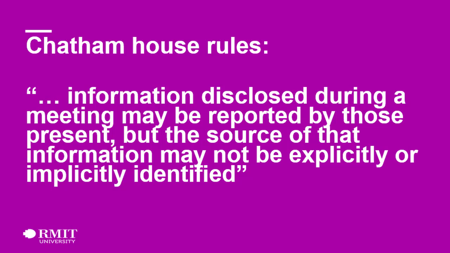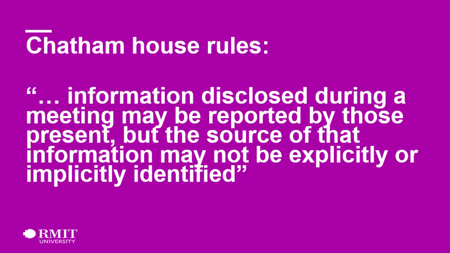Now, Chatham House rules is an expression some of you might have heard before, gets bandied around a lot. People tend to think it means I have to keep it a secret. Doesn't mean that at all. It means this. This comes from the Chatham House rulebook. And essentially the rule says information that's disclosed during a meeting may be reported by those present, but the source of the information may not be explicitly or implicitly identified.